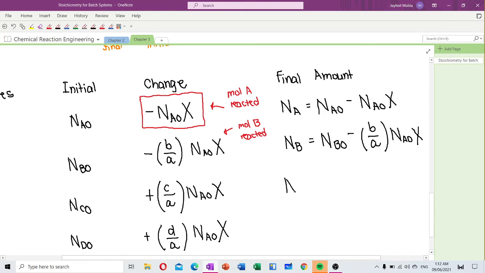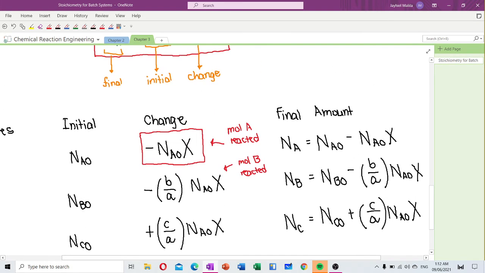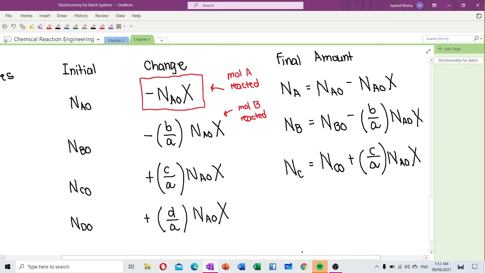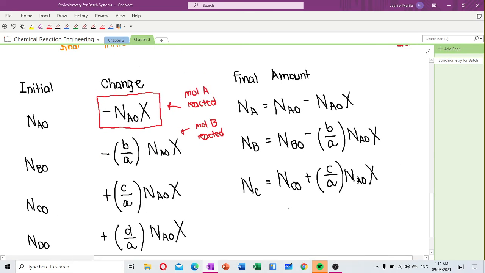And then for NC, it's equal to NC0 minus, oh no, it's plus because it's produced, C over A, Na0x. So technically, you're not really subtracting them. You're just adding them, initial and the change. And it just so happened that the change for the reactants is negative, so it's like subtracting the change from the initial.